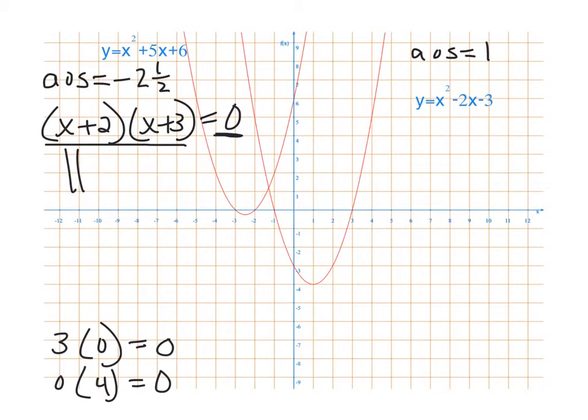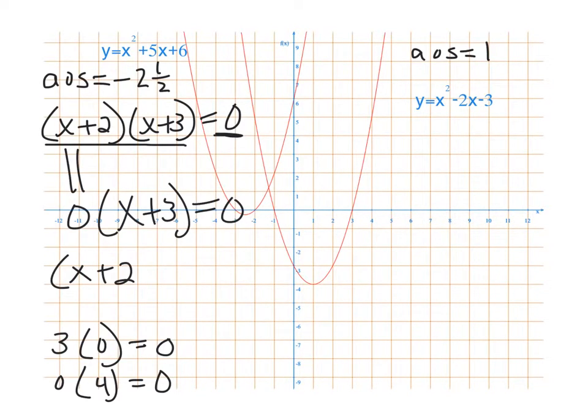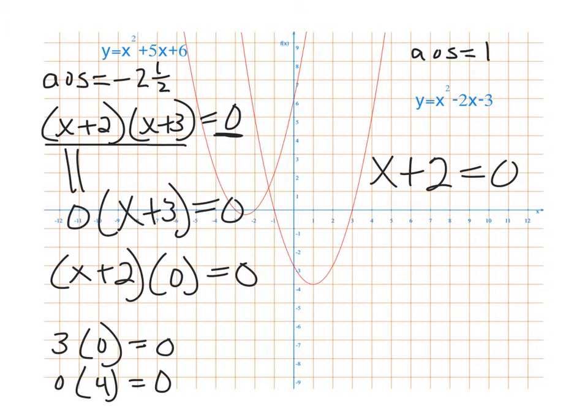So that means if we make that equal to 0, 0 times x plus 3 is going to be 0. If we make the other factor 0, we have x plus 2 times 0, and that equals 0. So because of that, we're able to now establish the fact that x plus 2 can be set equal to 0, and we can find a value of x.